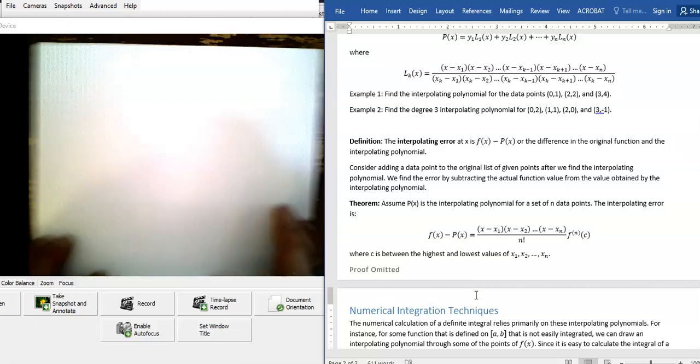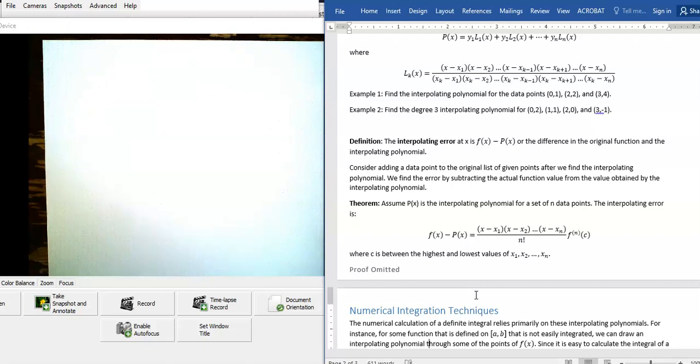Okay, so the interpolating error is defined to be at a particular x value, the difference between the function and the interpolating polynomial, or the difference in the original function and the interpolating polynomial. So for various x values that are not within our data set, that's what we're concerned with, finding the error for. So if we consider adding a data point to the original list, after we have found the interpolating polynomial, we then will find the error by subtracting the actual function value from the value obtained by the interpolating polynomial.